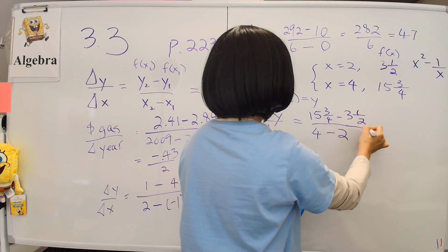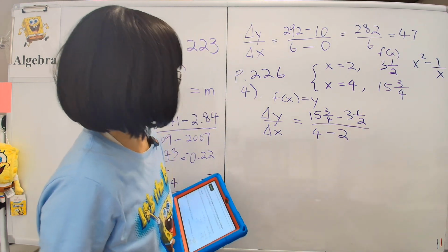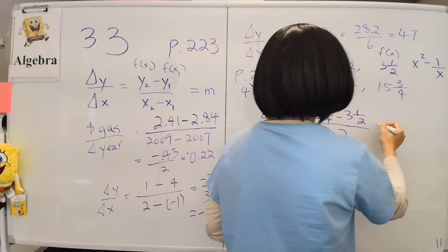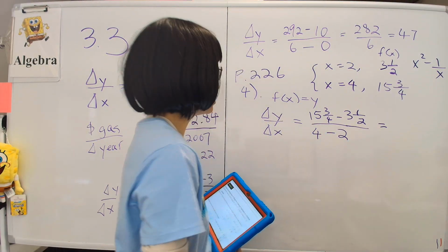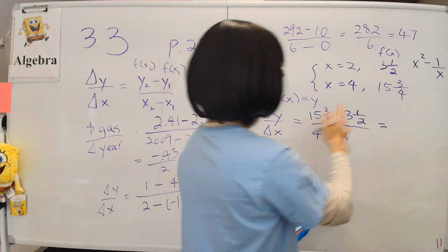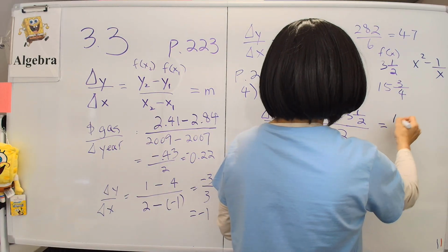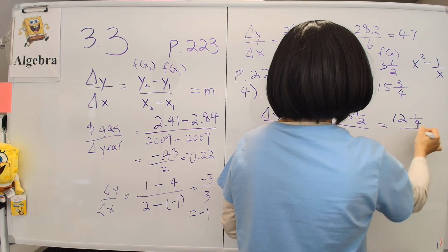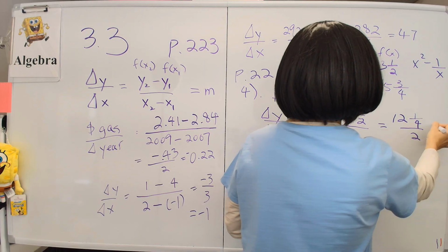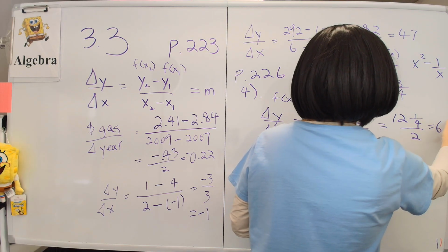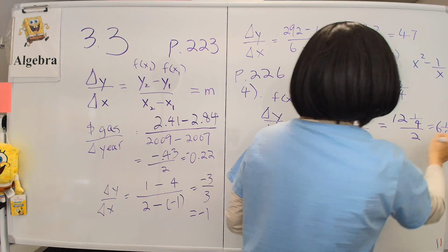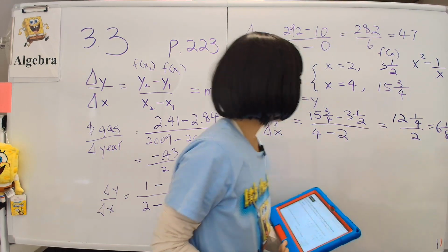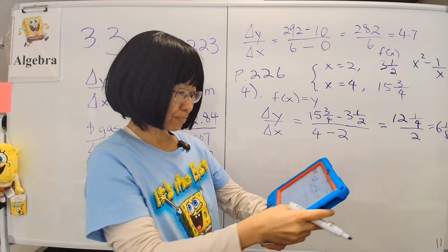Now we just have to do this bit of fraction, which you can use your fractional calculator to do, or do it in your head. That's 12 and 1/4 divided by 2, which equals 6 and 1/8. Divide each chunk: 12 divided by 2 is 6, and 1/4 divided by 2 is 1/8, and that should be the answer.